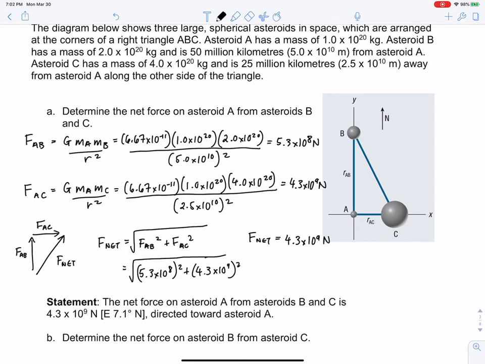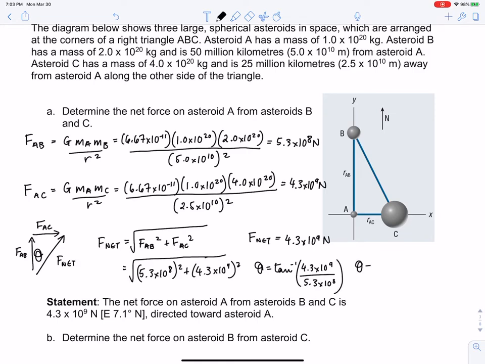And we have to find out what direction. And we're going to use this angle theta. Theta will be equal to the inverse tan. The opposite is 4.3 times 10 to the power of 9. And the adjacent is 5.3 times 10 to the power of 8.